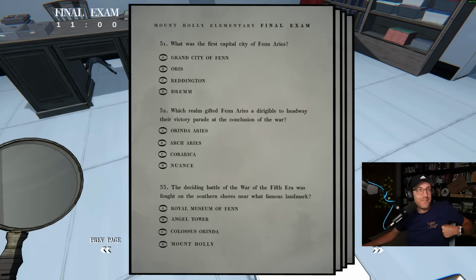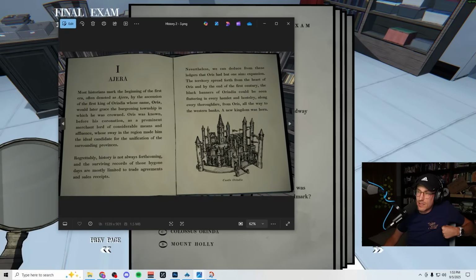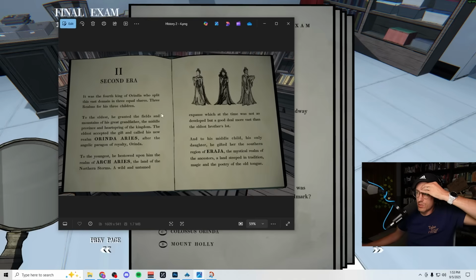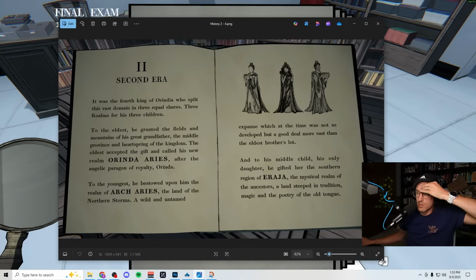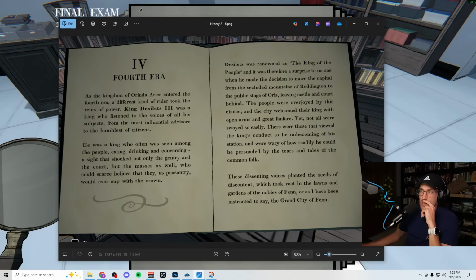This goddamn game. We're scrolling. First capital of Finn, not of Orinda.